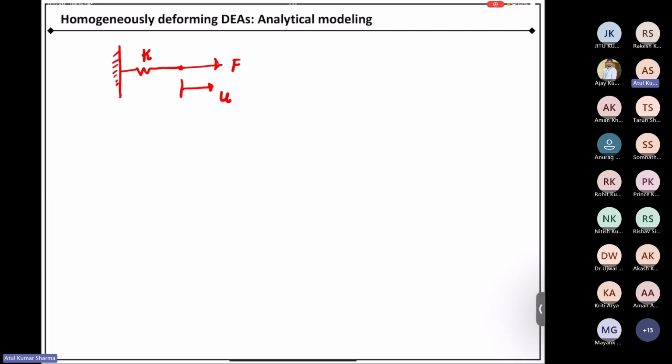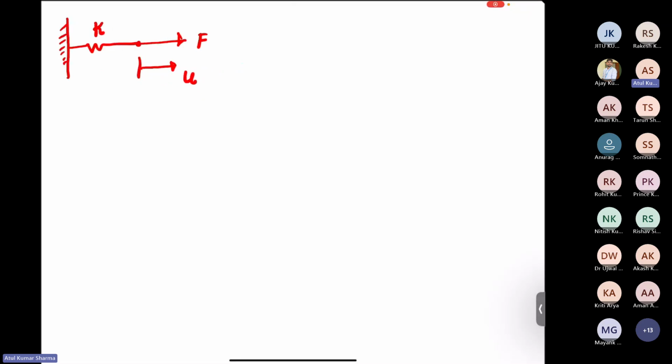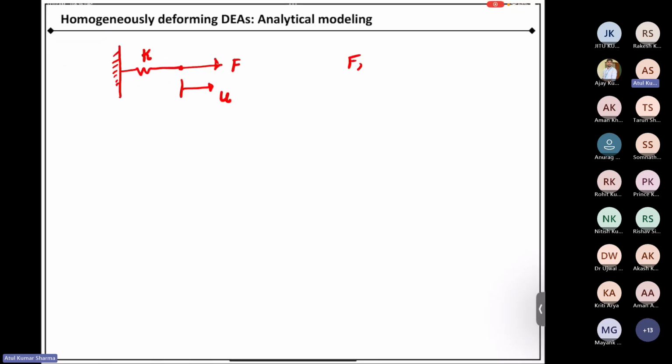The relationship between F and U can be obtained using the energy-based approach, in particular by applying the principle of minimization of potential energy. First of all, tell me what is the relationship between F and U for this case? Can anyone answer?